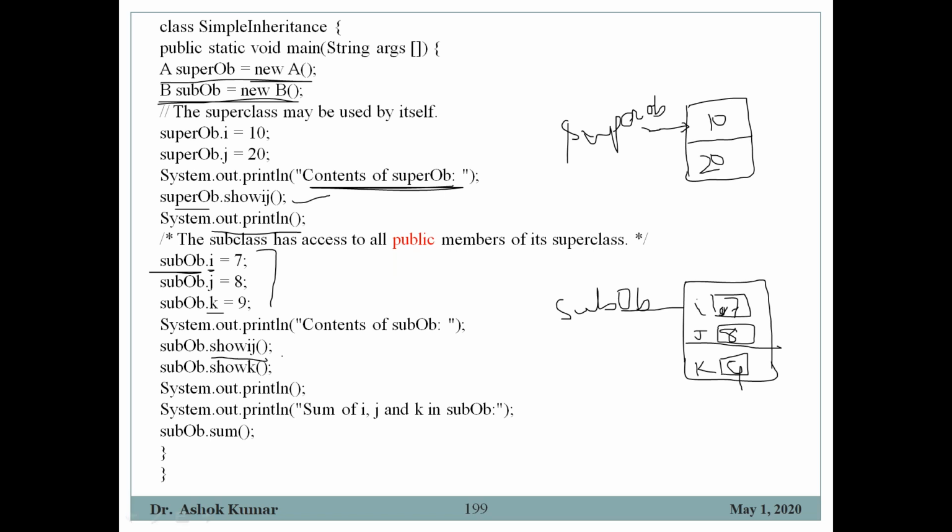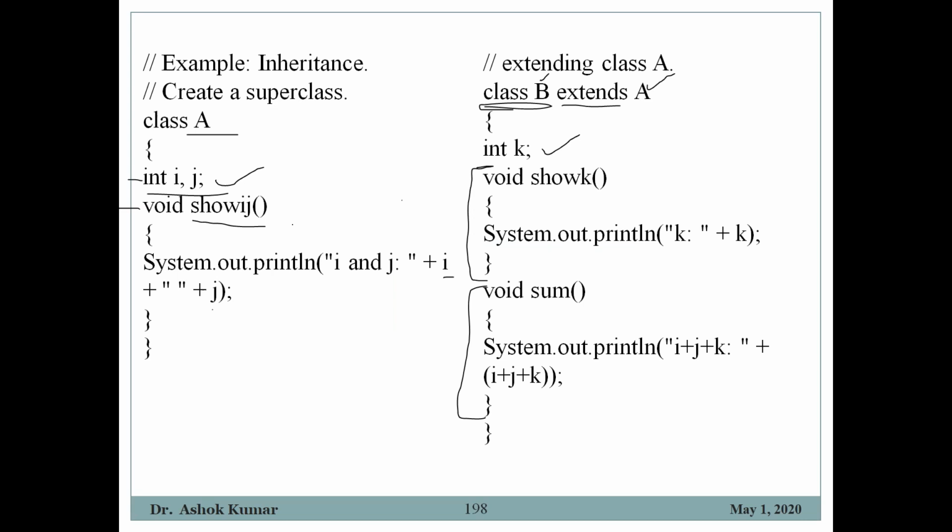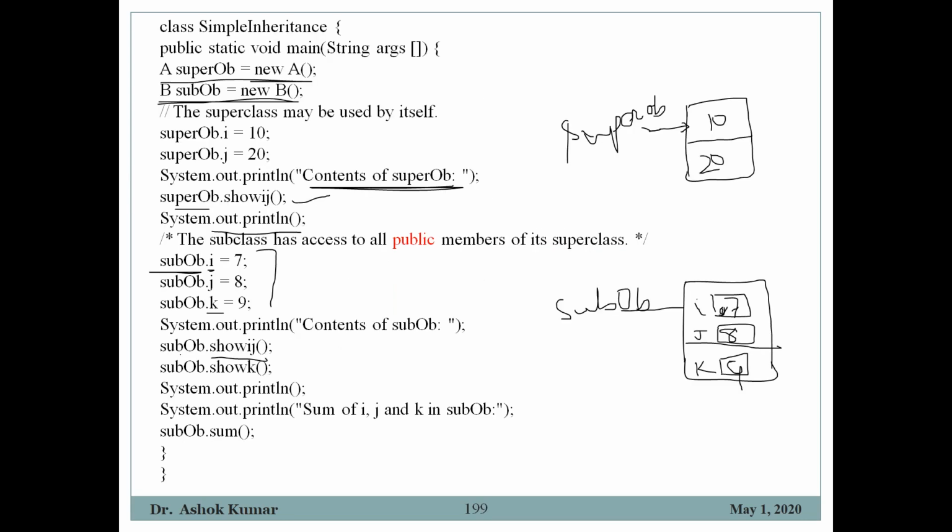It will print i and j of the subclass object. So i and j of the subclass object are 7 and 8. So you will get 7 and 8 with this, and then this subclass object is calling its own class method.